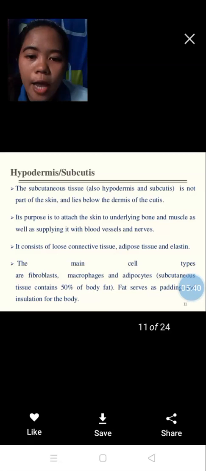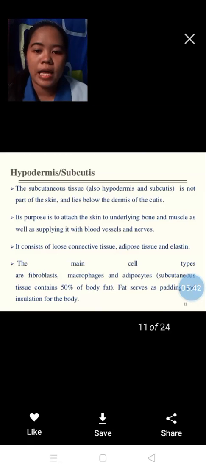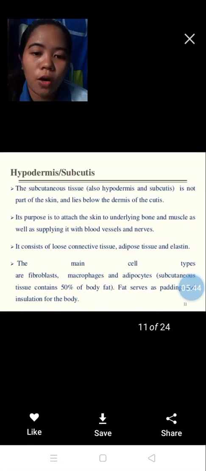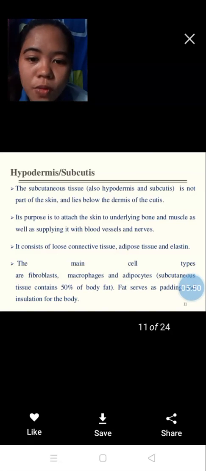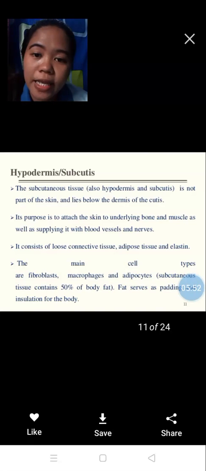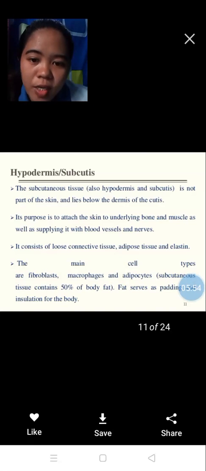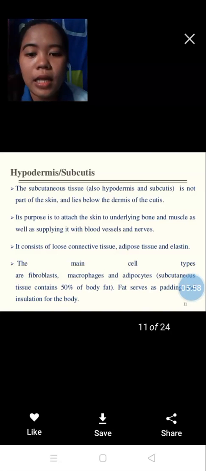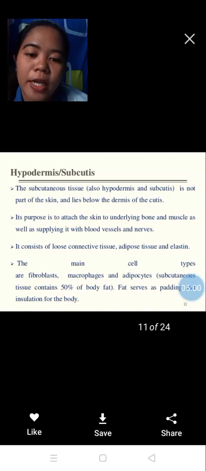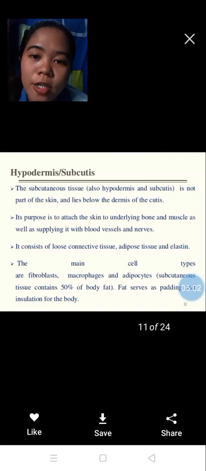Next is the hypodermis or subcutis. The subcutaneous tissue, also called hypodermis and subcutis, is not part of our skin. It lies below the dermis and the cutis. Its purpose is to attach the skin to underlying bone and muscle, as well as supplying it with blood vessels and nerves.